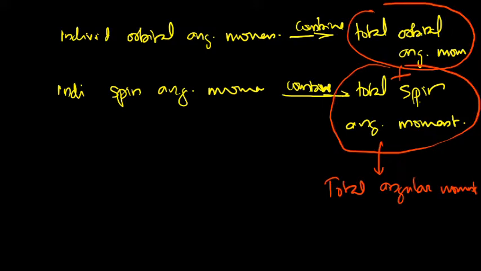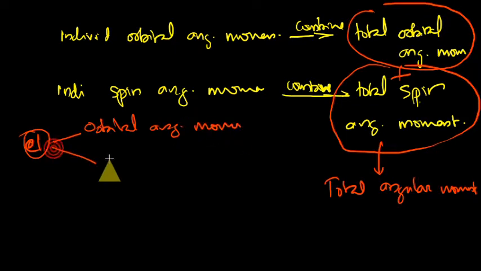There is another scheme available. In the other scheme, we consider one individual electron. This electron has an orbital angular momentum, and the same electron has a spin angular momentum.